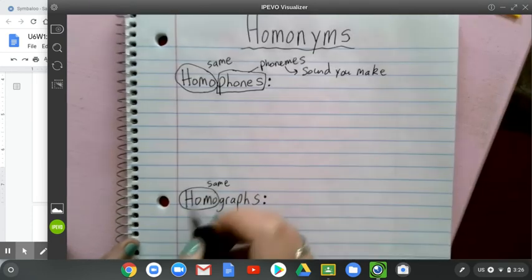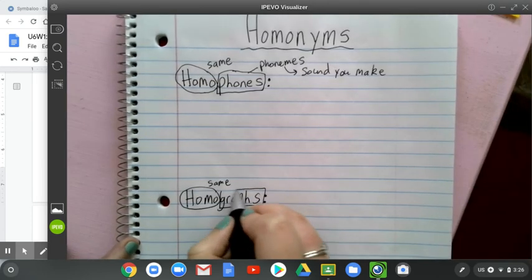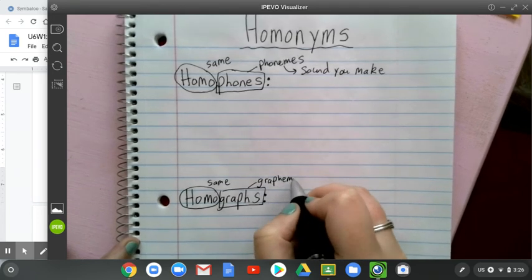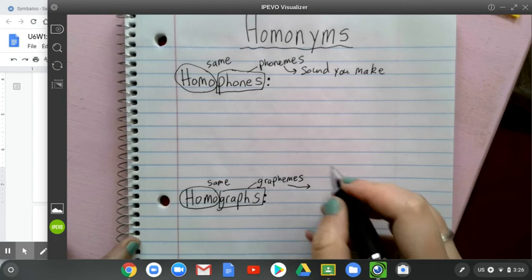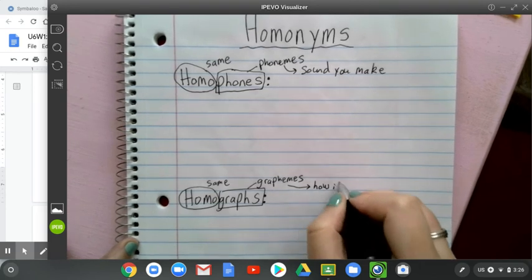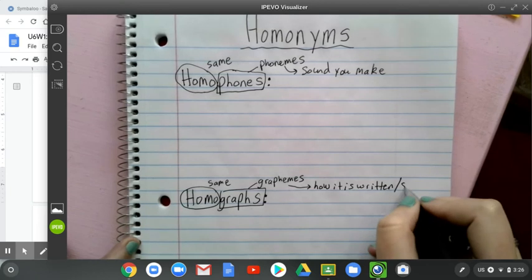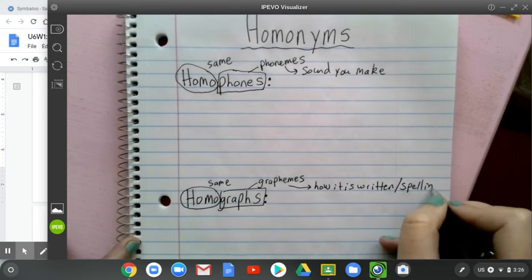Okay, and then we also talked about graphemes. Write that out for you. Very similar, and that is how it is written, or the spelling of the words.